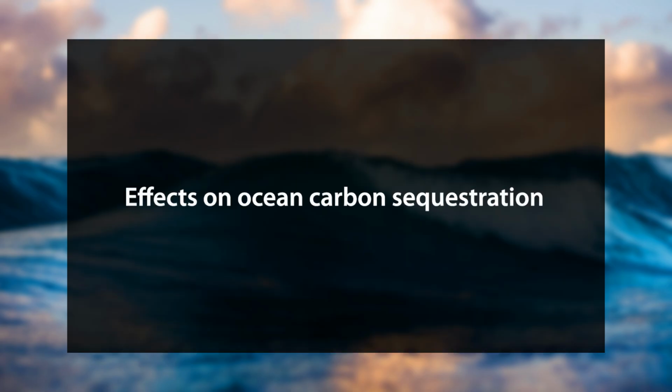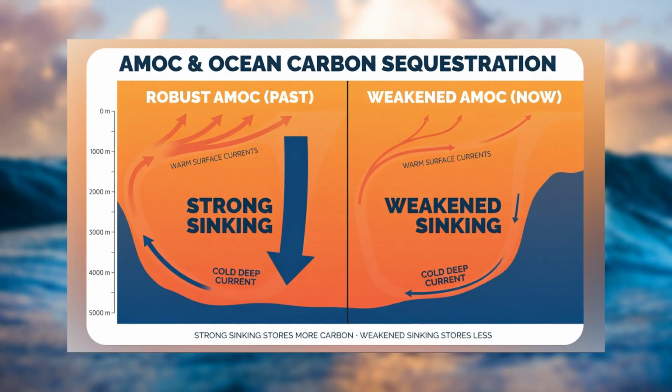Effects on ocean carbon sequestration. Thermohaline circulation plays a role in the ocean's ability to sequester carbon. Proxy records and climate model simulations indicate that major components of thermohaline circulation, particularly the Atlantic meridional overturning circulation, have weakened by approximately 15 to 30% since the late 19th to 20th century, potentially reducing deep ocean carbon storage and increasing the fraction of carbon remaining in the atmosphere.